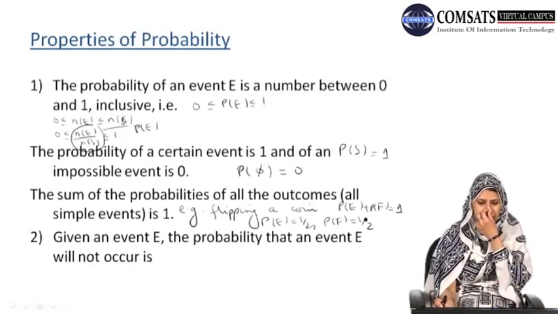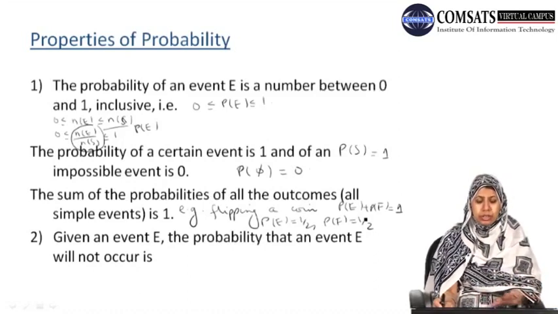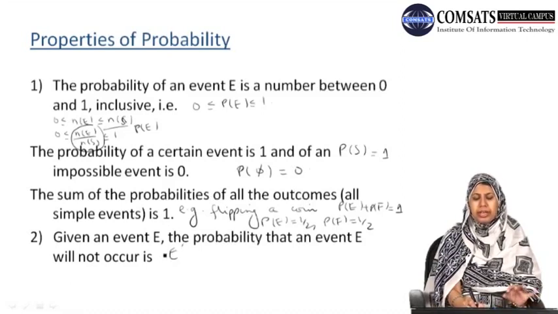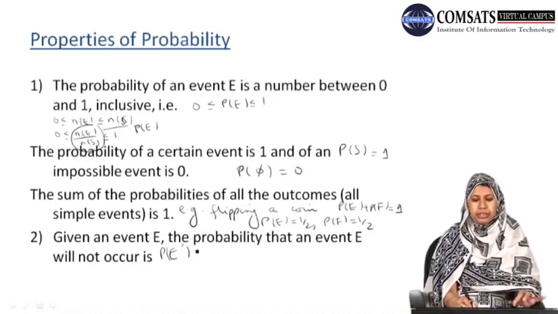If we are given an event E, then the probability that the event will not occur means we are interested in finding the probability of the complement of the event. So the probability that the event will not occur will be denoted by P of E complement, and it is nothing but 1 minus the probability that the event will occur.